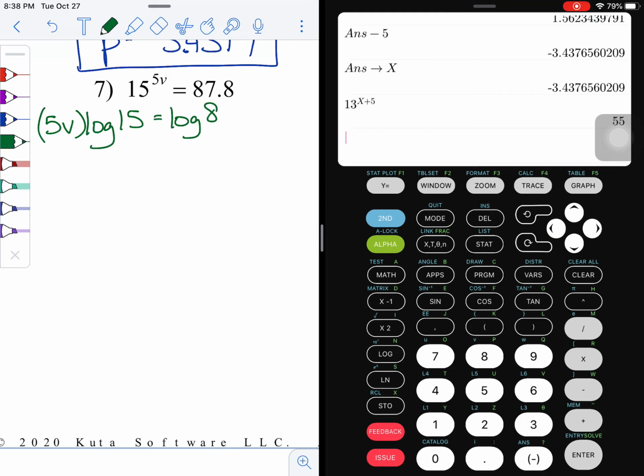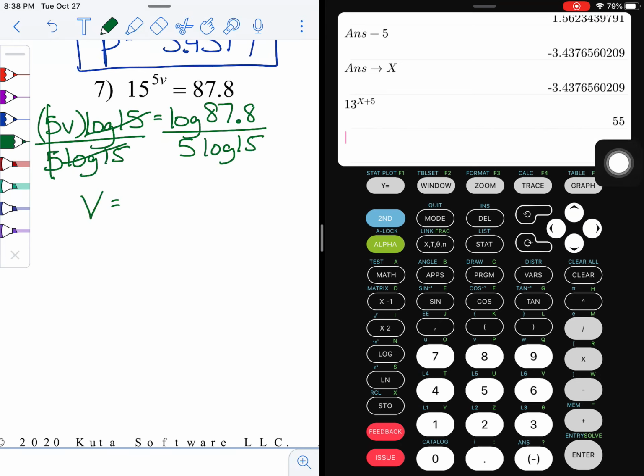Totally fine. Now, to get v completely by itself, I need to divide by both 5 and log of 15. So go ahead and do those at the same time. So 5 log of 15. The 5 and the 5 will cancel. Log 15 and log 15 will eliminate each other. So v is left.